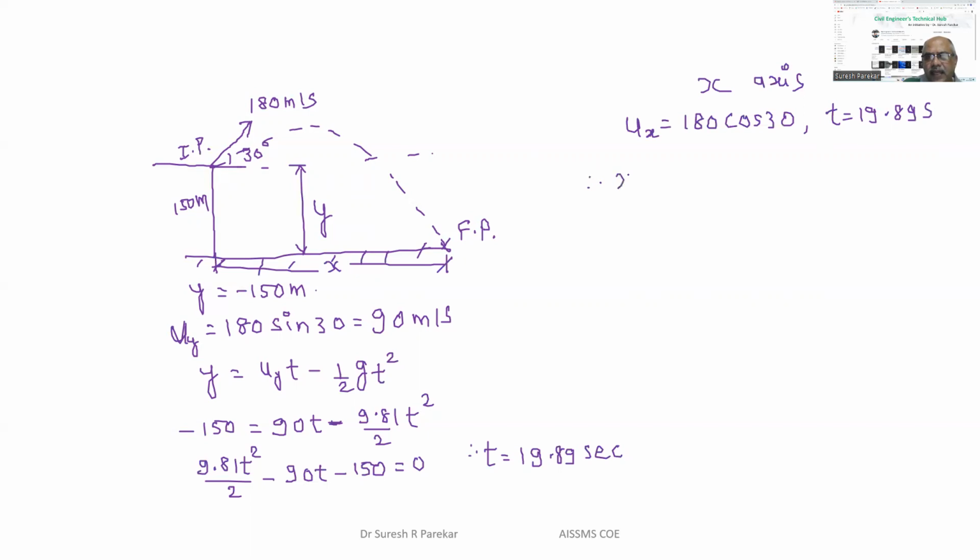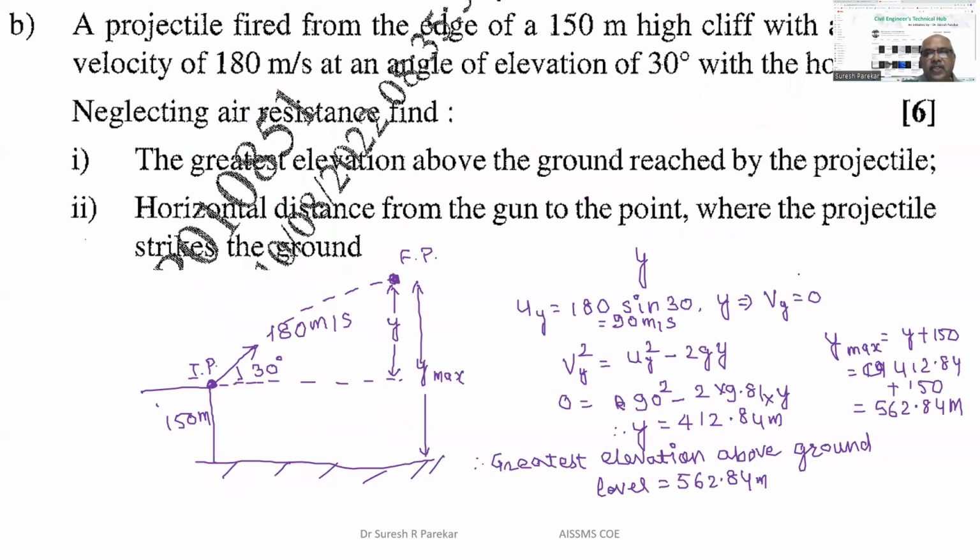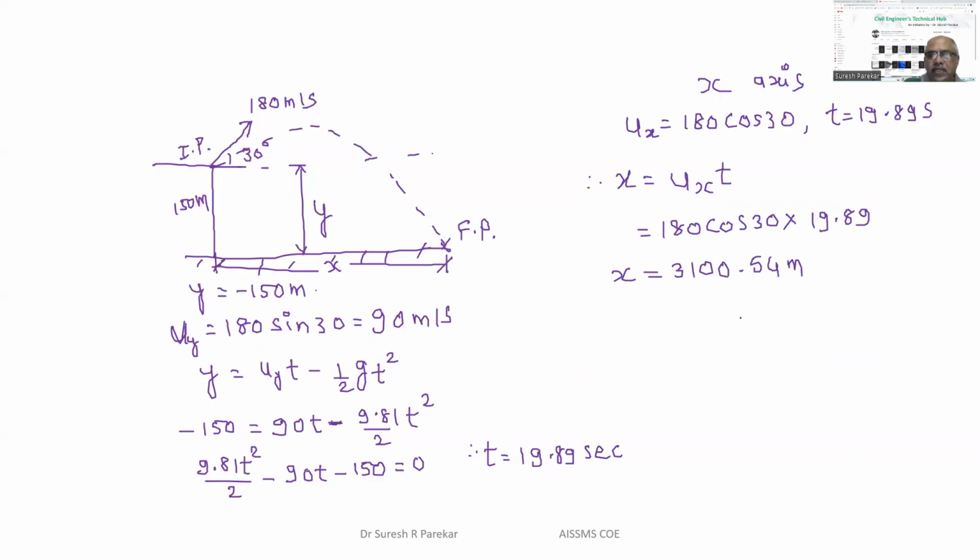And therefore we have x equal to ux into t, and that is 180 cos 30 into 19.89, which is 3100.54 meters.